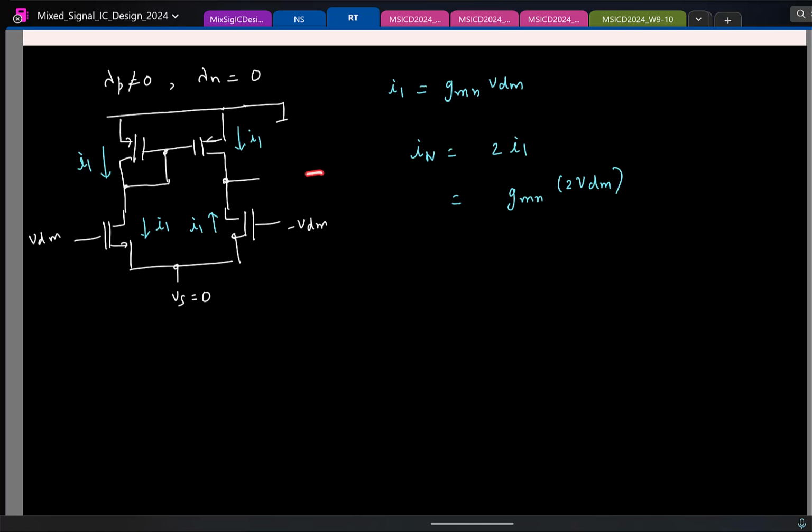And what is the effective resistance looking here? Remember, lambda is 0 for the NMOS. So looking down, it's basically an open circuit. So what is the effective resistance here? Yeah, whatever is there for the PMOS, and what is that? At this node, I have NMOS and PMOS.